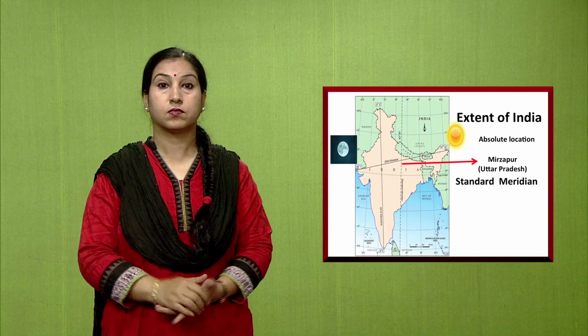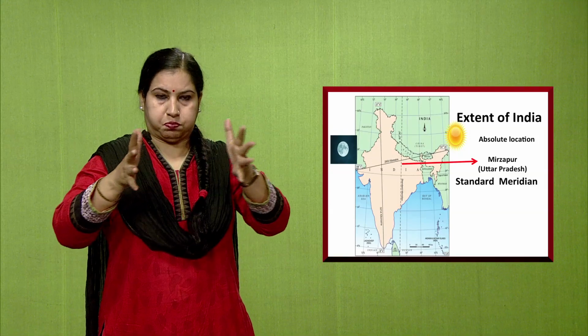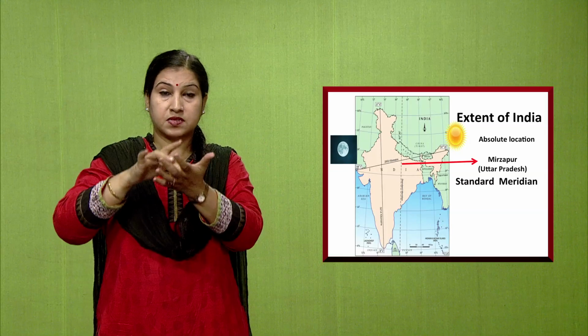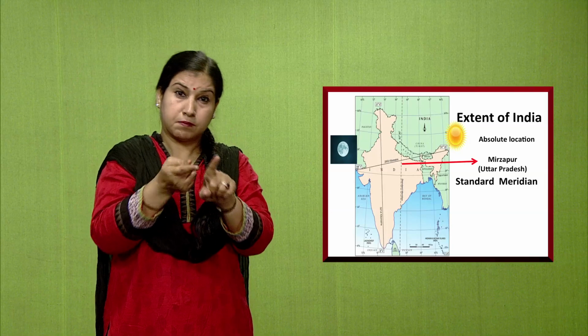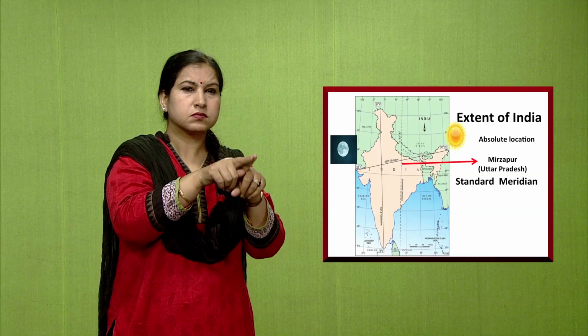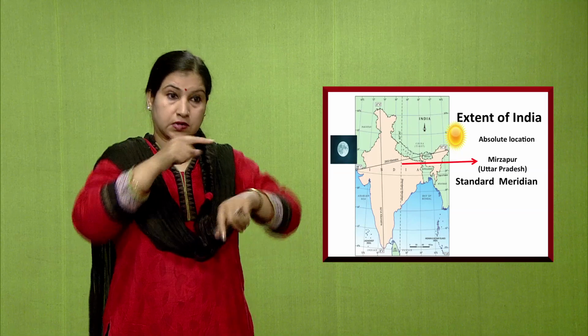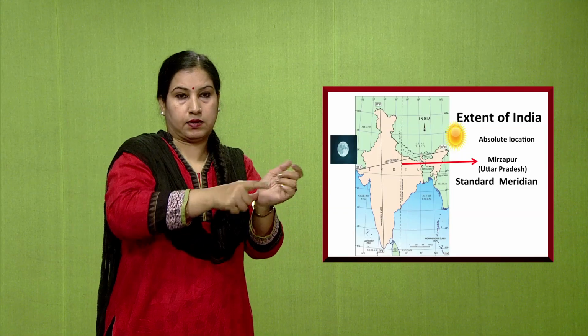Due to the vast expanse of the country, when the sun rises in Arunachal Pradesh, it is still dark in Gujarat. There is a time gap of 2 hours between the eastern and the western part of the country.